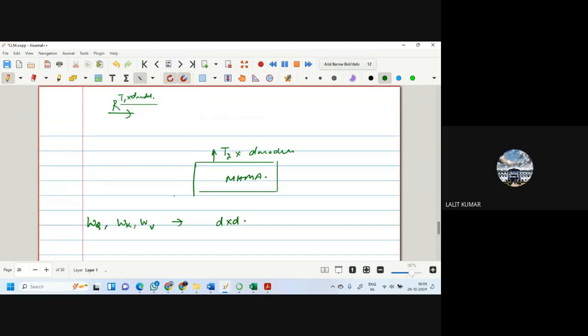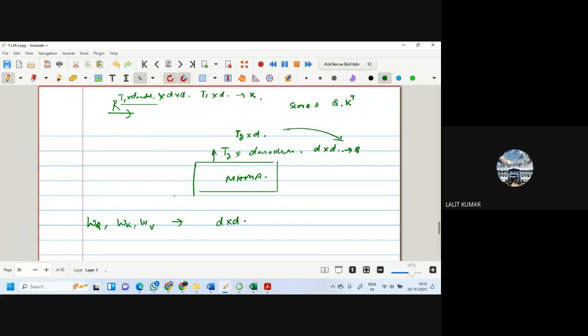So here, what will be the size? When you multiply this by d into d, you will get T2 into d. Here, when you multiply by d into d, what do you get? T1 into d. Okay. And this is your K, this is your Q. So your score will become Q into K transpose.